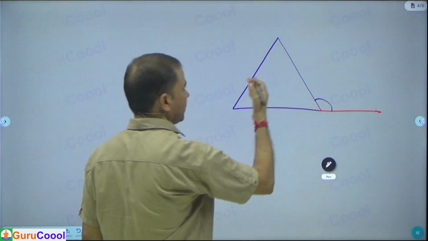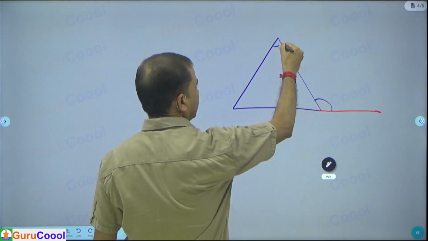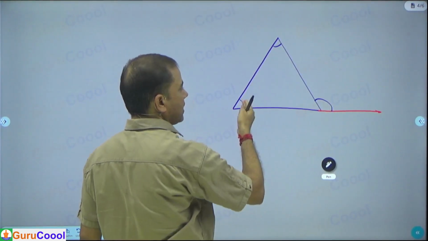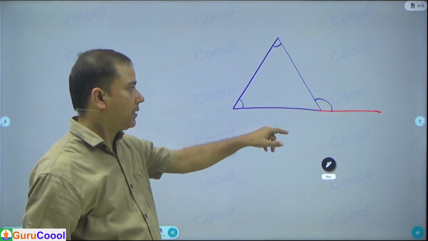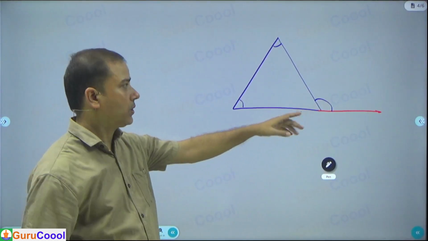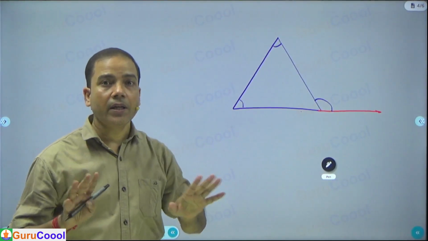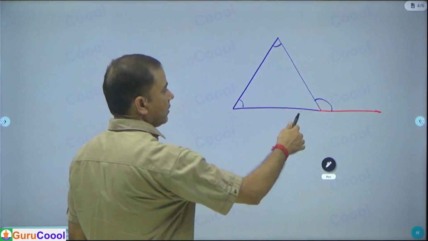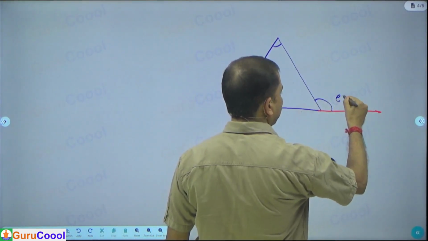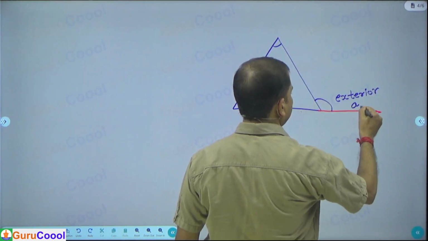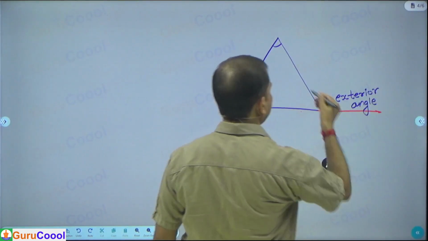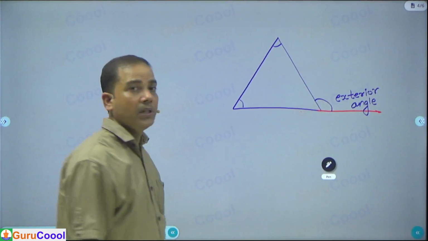Why opposite? Because not adjacent means opposite. So this is the exterior angle, and these two are opposite interior angles.